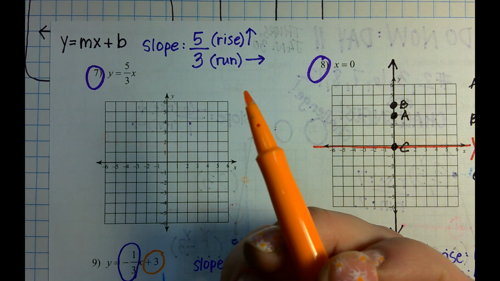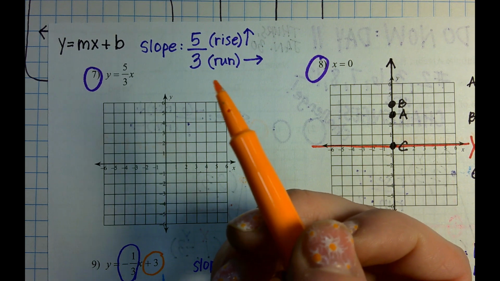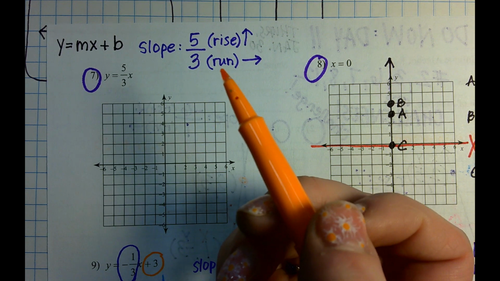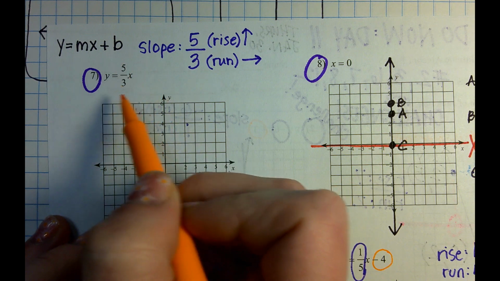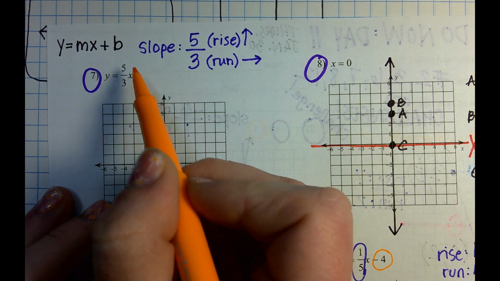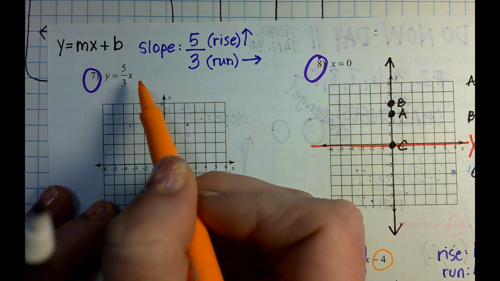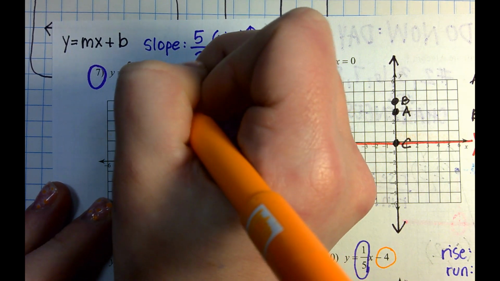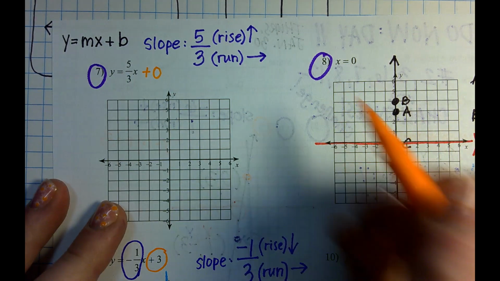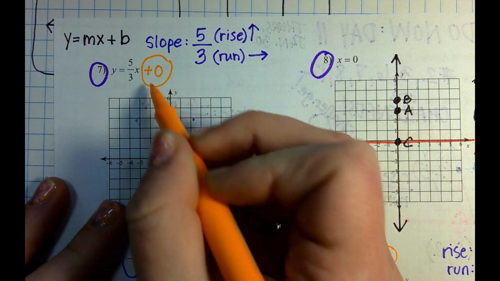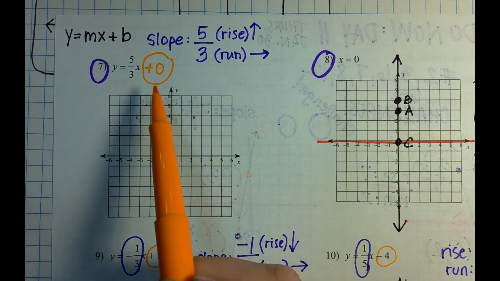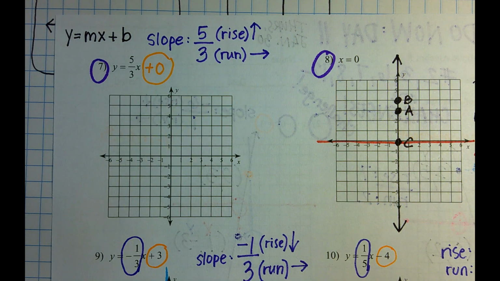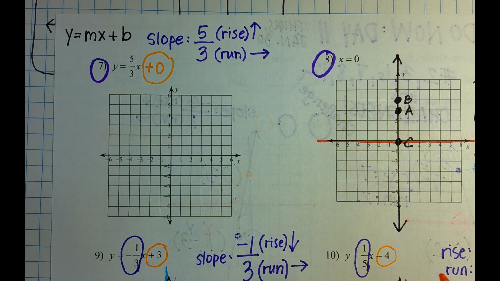I usually tell you, you don't really need to write plus 0. It's just nothing. So if there's ever an equation like this, y equals mx, nothing, you can assume it's plus 0 at the end. So if our y-intercept is 0, where would my first point go?